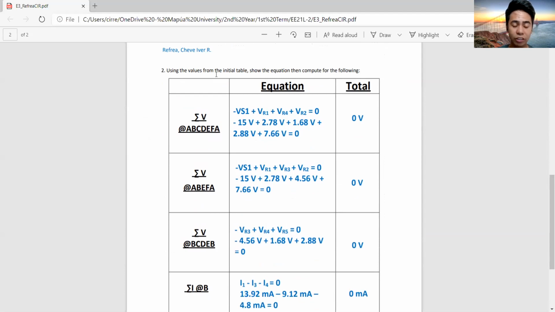the formula is negative VS1 plus the voltage for R1, voltage for R4, and voltage for R2, which should equate to 0 as stated here.